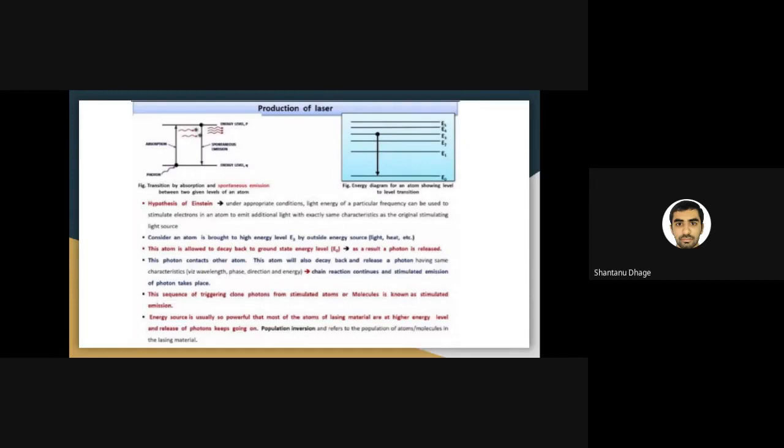Now for actual production of laser, you need what is known as a feedback mechanism. Actually, for actual production of laser, we need a feedback mechanism.